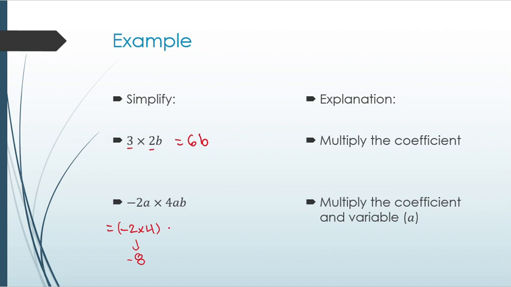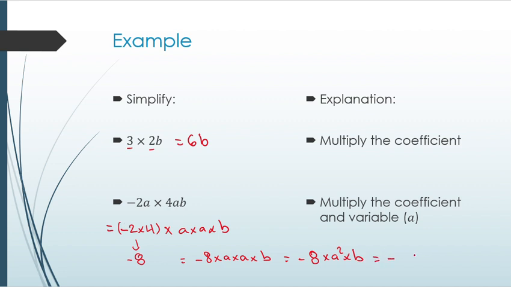And then I have a times b. So I'll just clean this up a bit first. So this will be negative 8 times a times a times b. Now, as you can see here, we need to multiply the variable a here. Now, what happens when you multiply a letter by itself? It just becomes squared. Negative 8 times a squared times b.